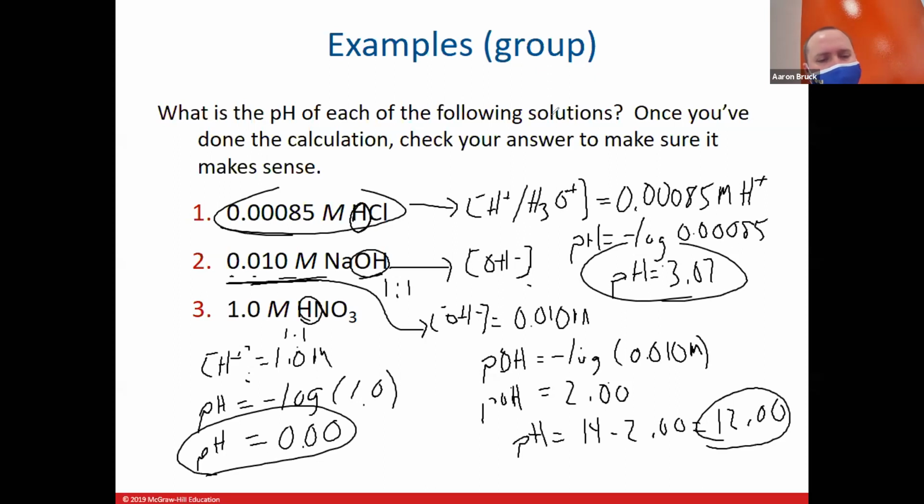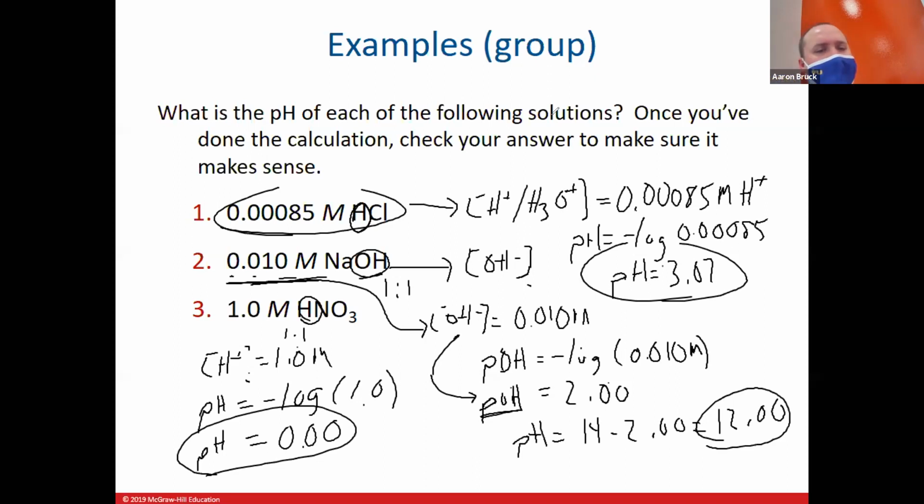I can turn that into a pOH by taking the logarithm of that, and I would get a pOH of 2.0 as a result. And again, since this came from hydroxide, this is the pOH, not the pH, which means I need to subtract it from 14 to get the pH. And so the pOH was 2, the pH is 12.